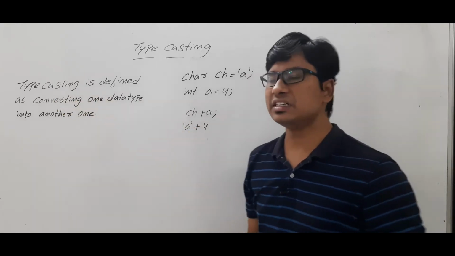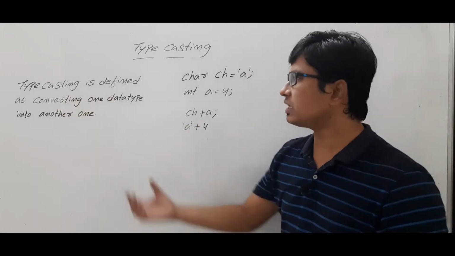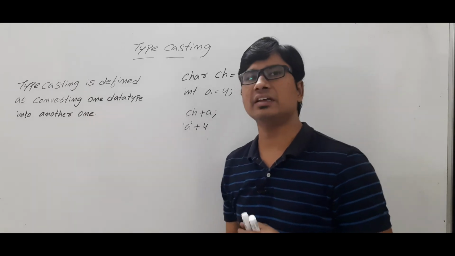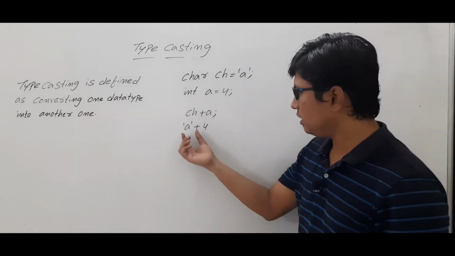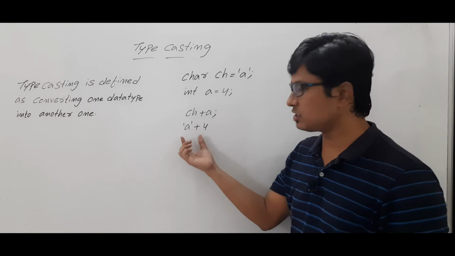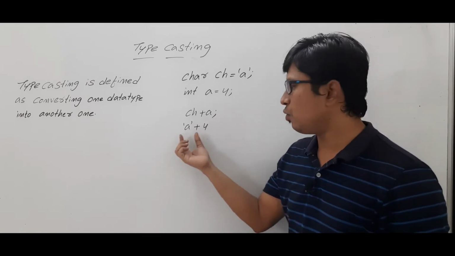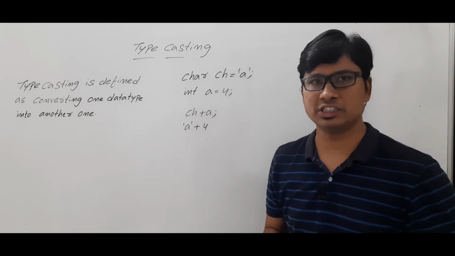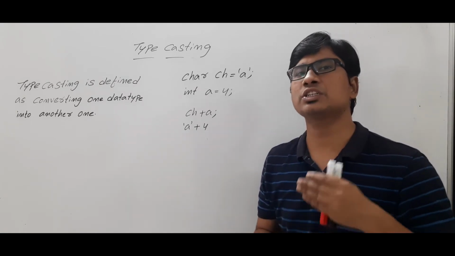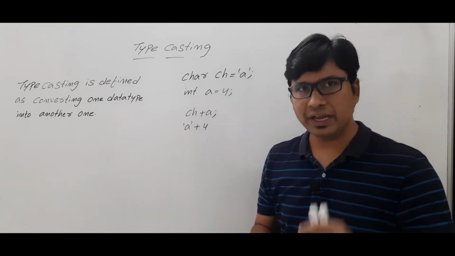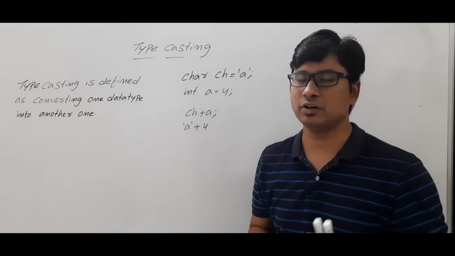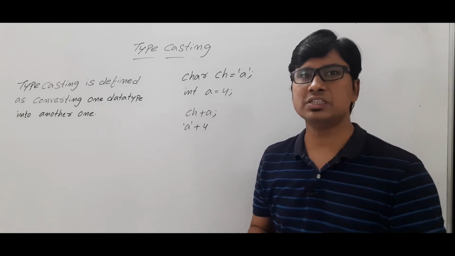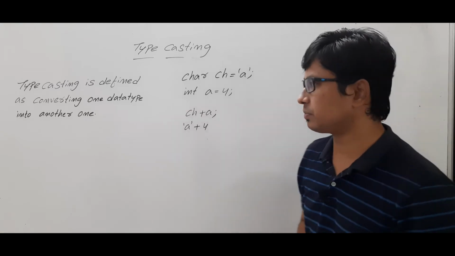So typecasting is defined as converting one data type to another data type. Is it clear? When you are performing an arithmetic operation between two different data types, one data type you need to convert into another data type. This kind of conversion we will call type conversion or typecasting. Now we have two types of typecasting or type conversion: one is implicit typecasting and the other is explicit typecasting.